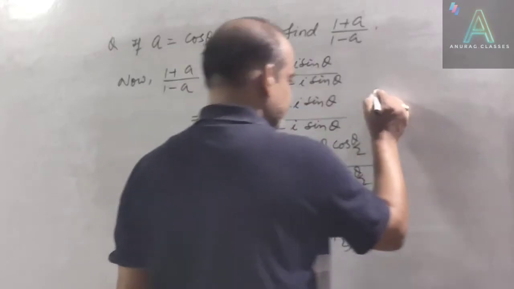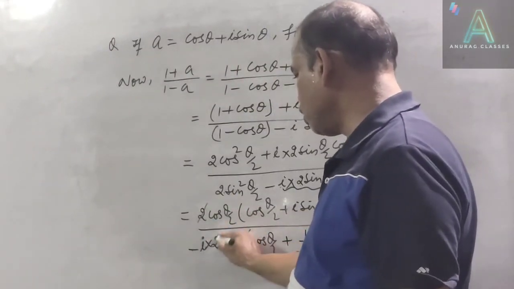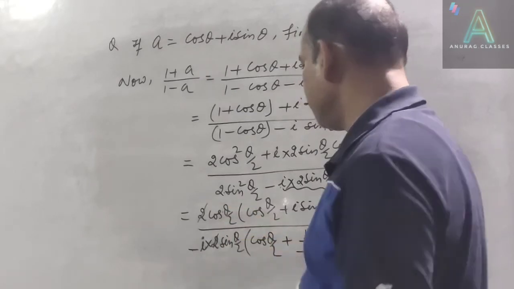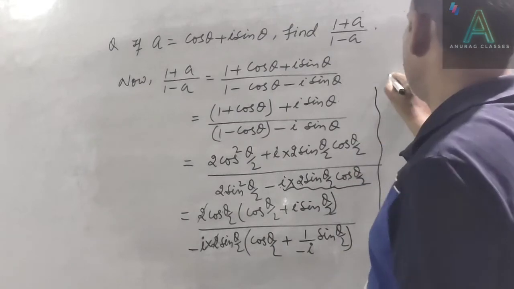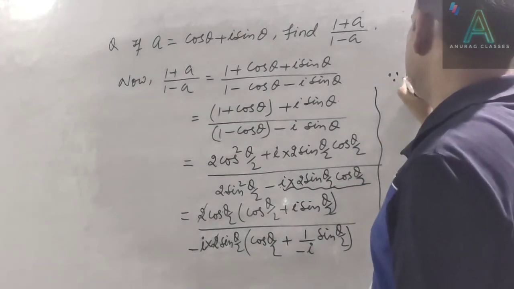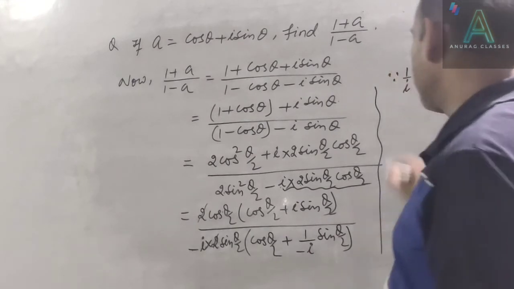Now dear student, very easily you can see that 2 cancel, cos by sin is cot, and 1 by iota. We all remember the formula that 1 by iota is nothing but minus iota.